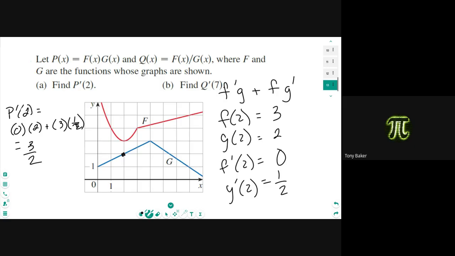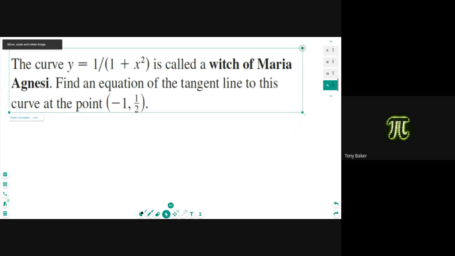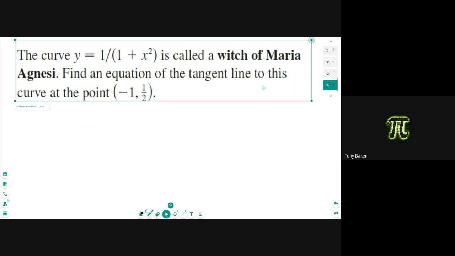We're doing trig next week, so I'm not doing trig today. All right, we'll do this one then. All right, find me the equation of the tangent line.